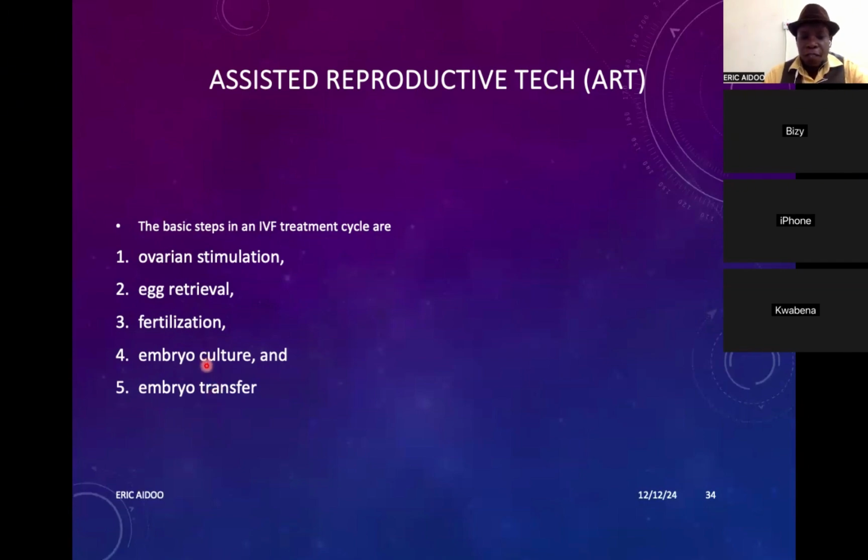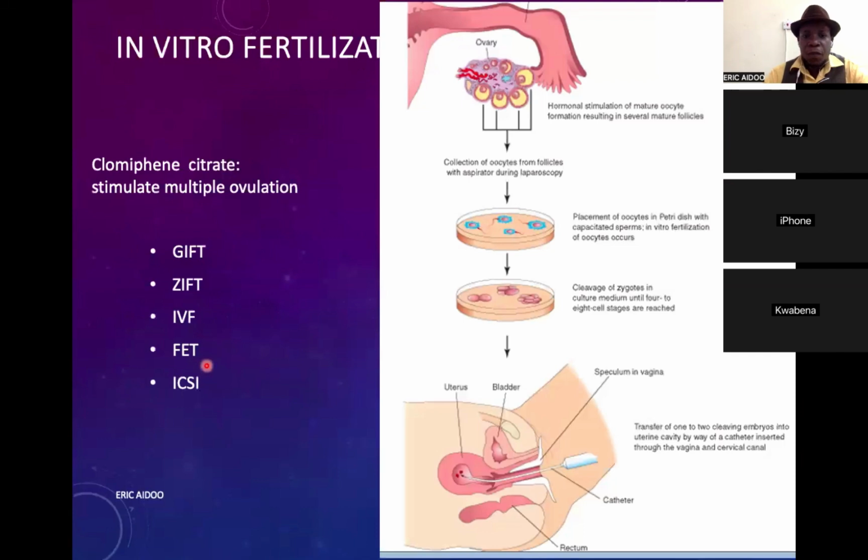eggs for future use. So this is a diagram that is indicating how the process occurs. So hormonal stimulation, which means that you give synthetic analogs of the natural hormones that help in ovulation, usually the luteinizing types of hormones. Okay, so a very common example is the clomiphene citrate. So that will cause multiple ovulation.